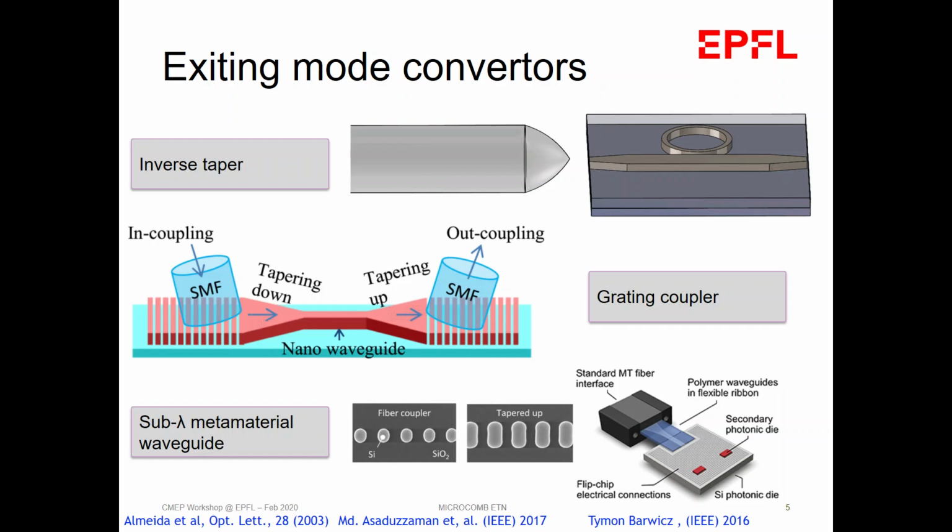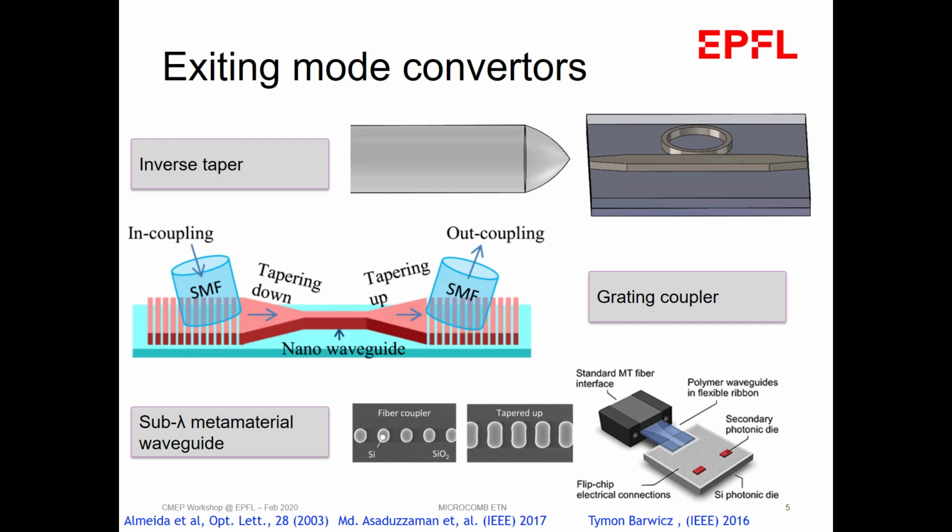This bottom example I just picked is a recent advancement by IBM. They are using this sub-wavelength metamaterial waveguide to couple the light externally from a single mode fiber to the chip. They use this polymer waveguide that converts their 10 micron to, let's say, 3 micron, and then from 3 micron they use this sub-wavelength metamaterial waveguide.